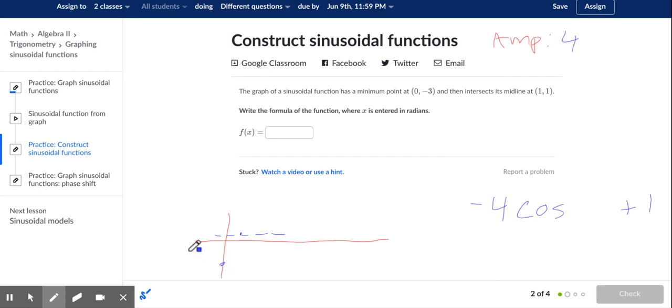So again, pretty straightforward until we get to the period. That's the last thing we need to figure out. So we started at the minimum, so we're going to go through the midline, up to the maximum, back through the midline, and we're going to end back at the minimum, because remember, it's maximum to maximum or minimum to minimum. So in this case, it's going to be minimum to minimum.